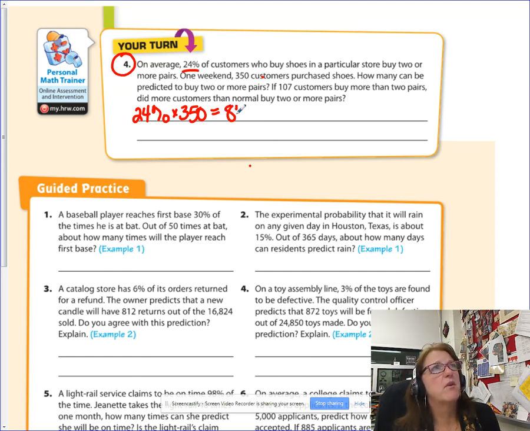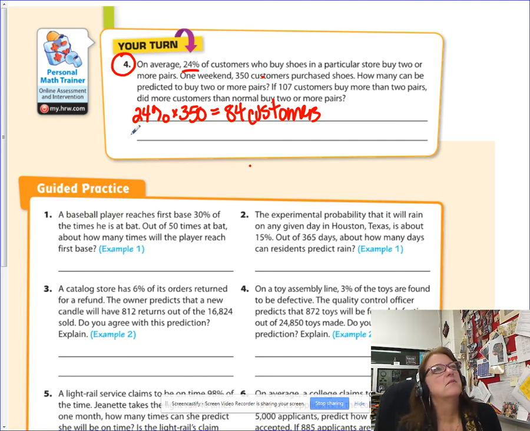This tells me about 84 customers are going to come in and do some big shopping and buy 2 or more pairs of shoes. What actually happened was 107 customers bought more than 2 pairs. So what their question is here is, did more customers than normal buy 2 or more pairs of shoes?